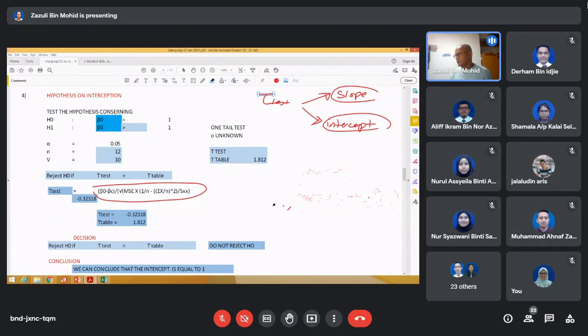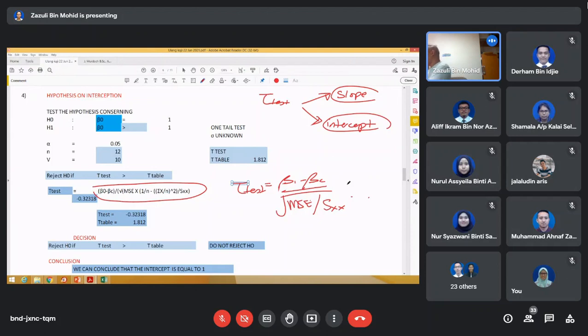Actually, the t-test for the slope is beta 1 divided by MSE divided by SXX.